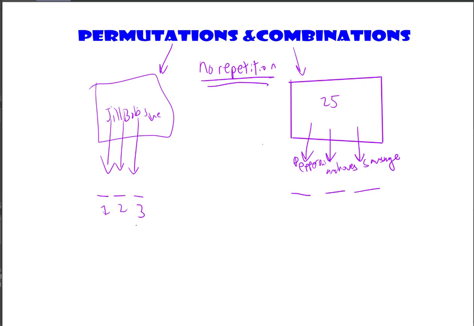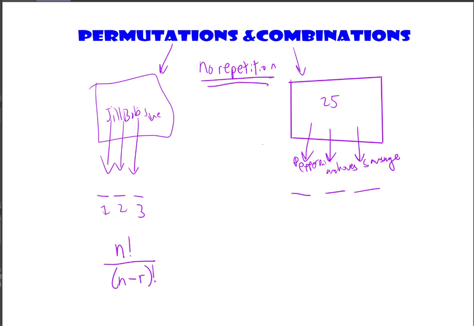So let me talk about what the equation looks like for permutations where you have no repetition. The equation is n factorial over n minus r factorial.